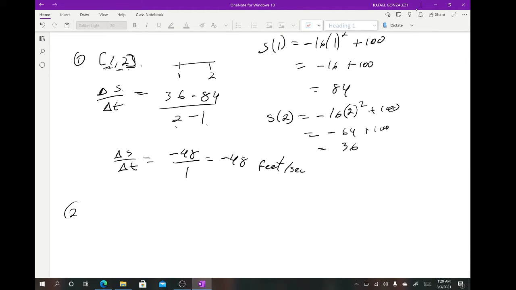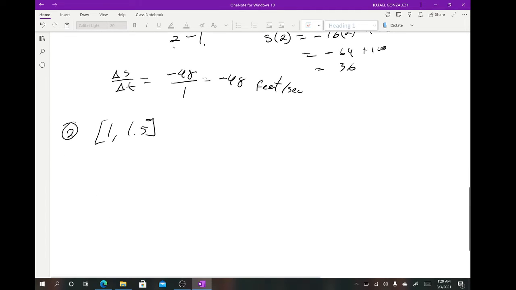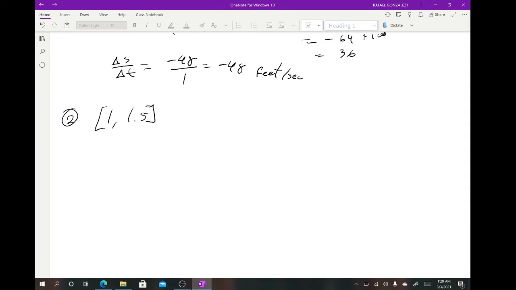You could do this for another interval. I'm going to leave this one as an exercise for you to try. Do 1 and 1.5. It's a very simple process. All of these average velocities will be negative, so this is something that you should see.